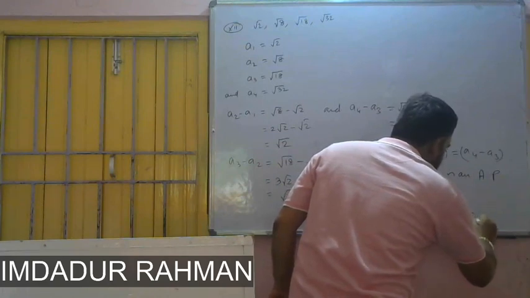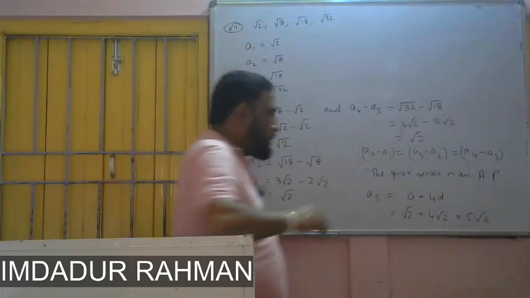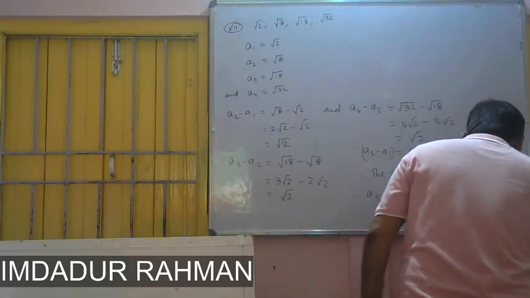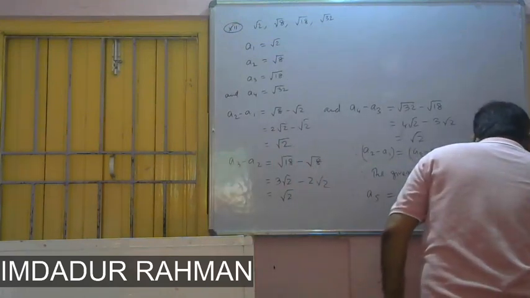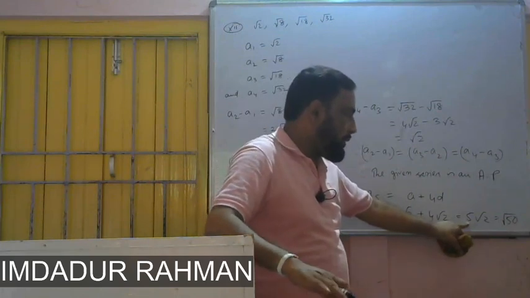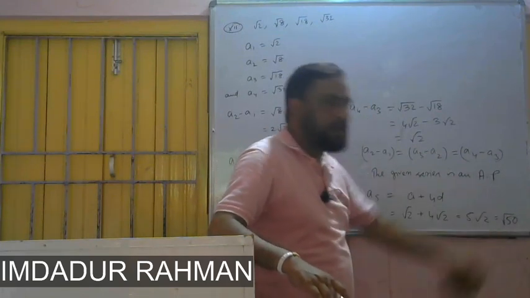So 5 root 2. Okay, 5 root 2. Then if you keep the whole thing in the root, it will become root over 50. Root over 5 square is 25, 25 into 2, that is 50.